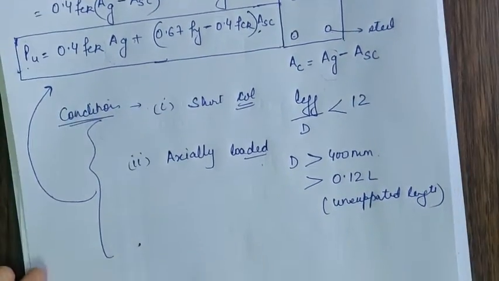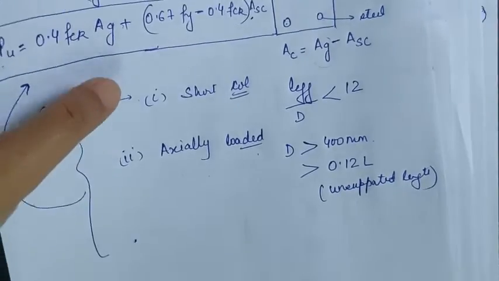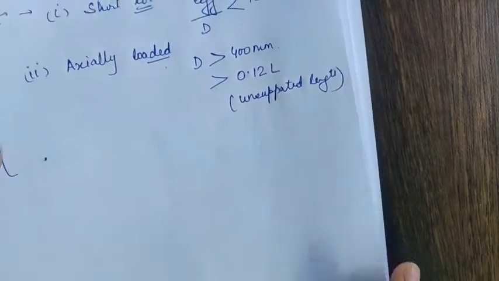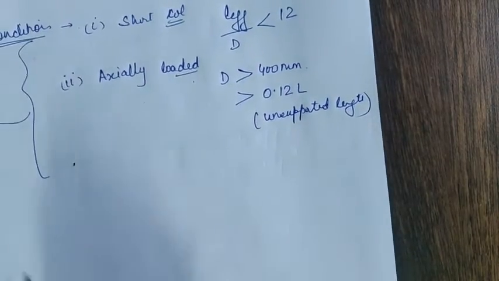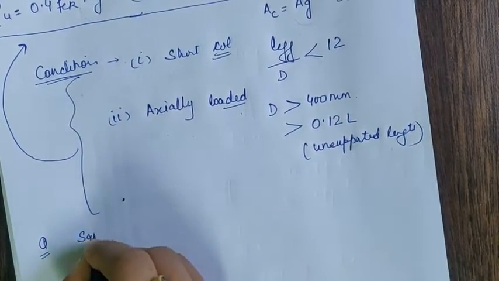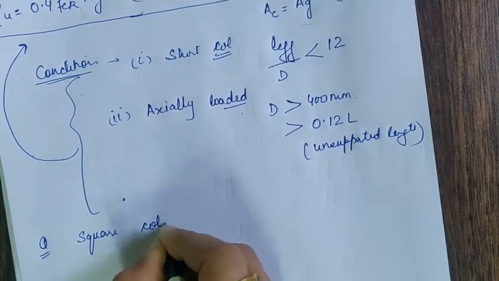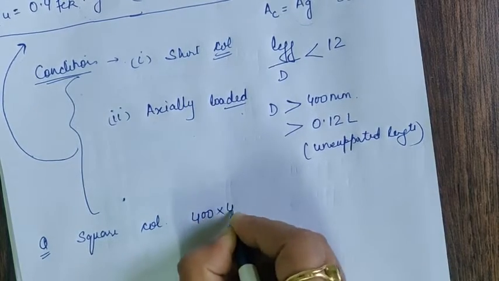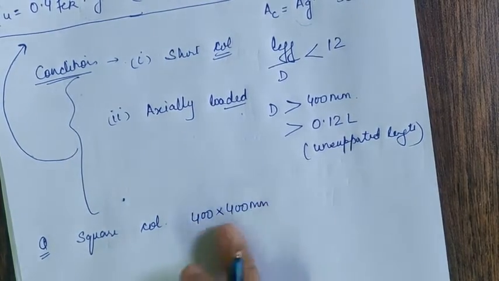Let us say I am first of all talking about the analysis. I am already given the cross-sectional details and the type of the column. So, the question is, I have a square column, 400 by 400 millimeter. So, this is the cross-section.